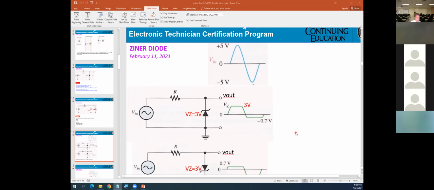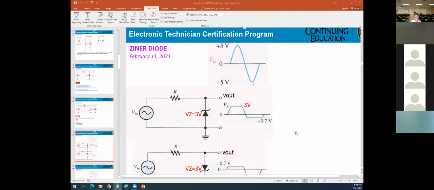Question: on the negative side, since you got the minus 5 volts on the cathode, and the anode is at ground, it's at 0, and 0 is more positive than the negative 5, so that's why it's forward bias. But I don't get why it's got the negative 0.7.